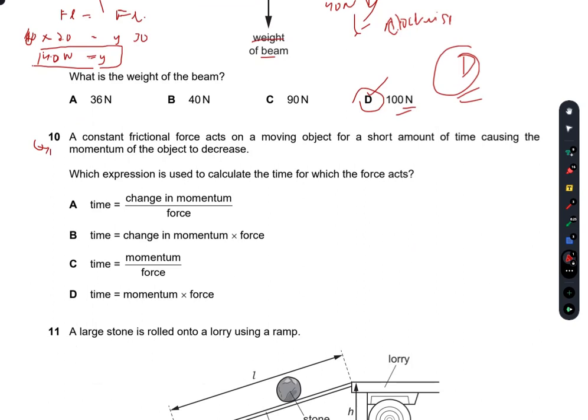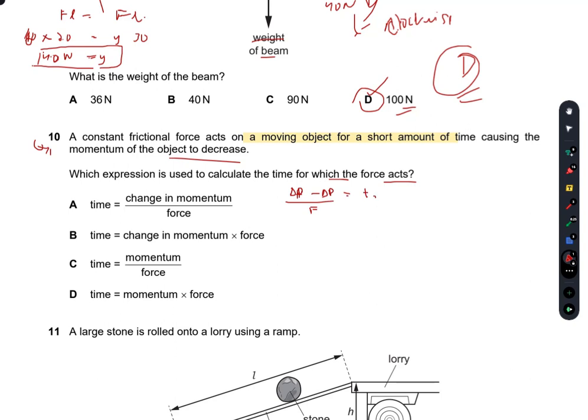A constant frictional force acts on a moving object for a short amount of time, causing the momentum of the object to decrease. Now, which expression is used to calculate the time for which the force acts? If I divide the change in momentum, p minus p0, by the force, I will get time.